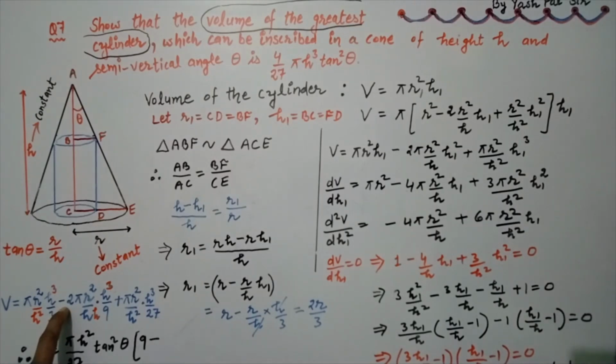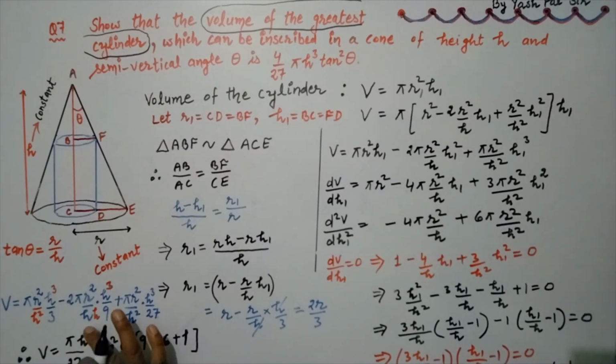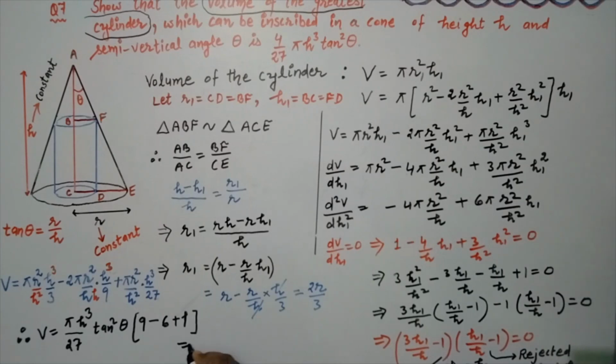Now what are we left with? 3, and since 27 was the LCM, multiplying with 9, minus 9 into 3 is required, 3 into 2, 6, plus 1. So H cube was common and taken outside. 9 plus 1 is 10, 10 minus 6 is 4.